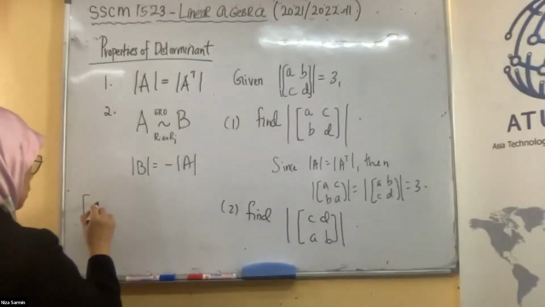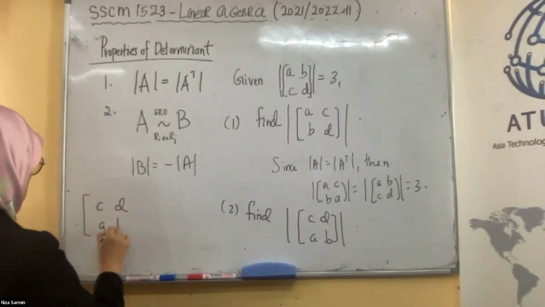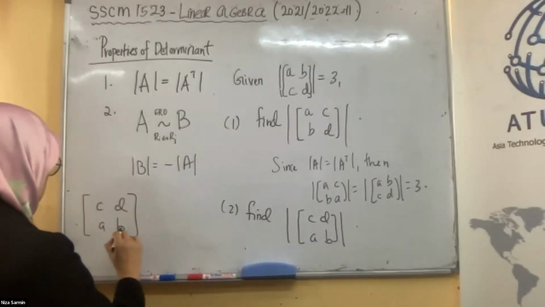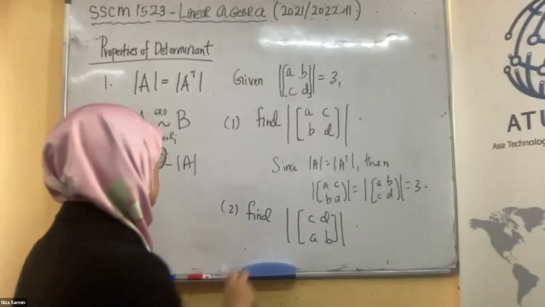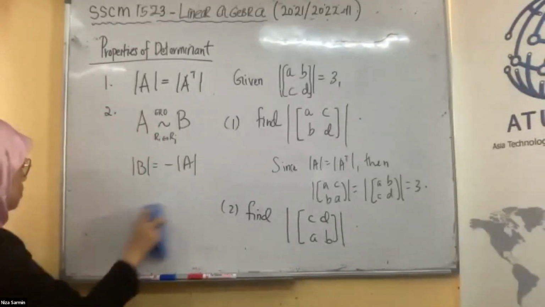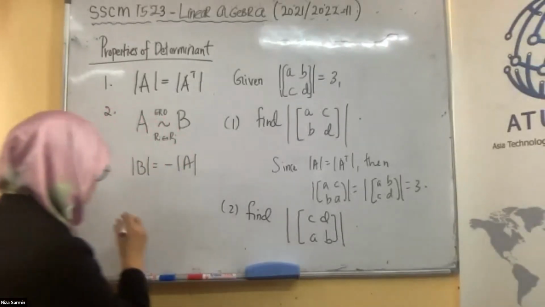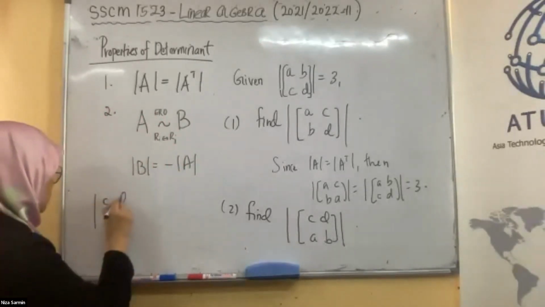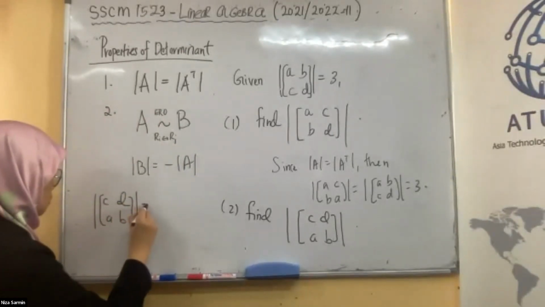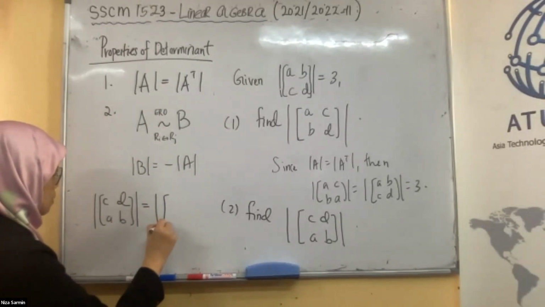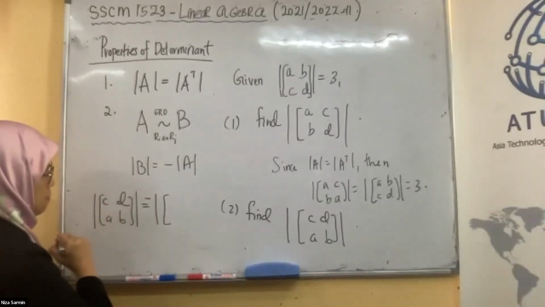Let me do this. c d, a b. Let me write c d, a b like this is negative.